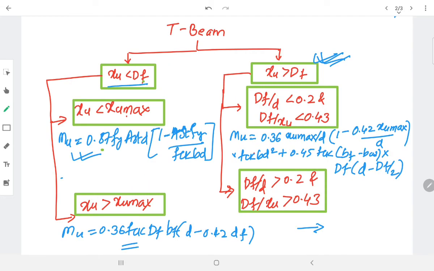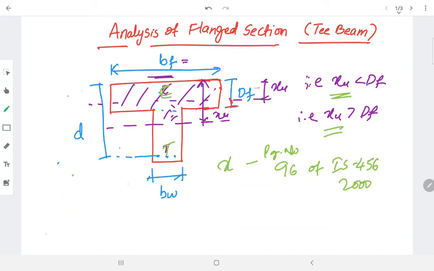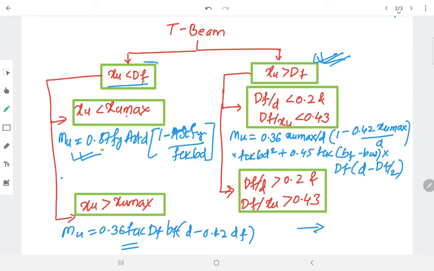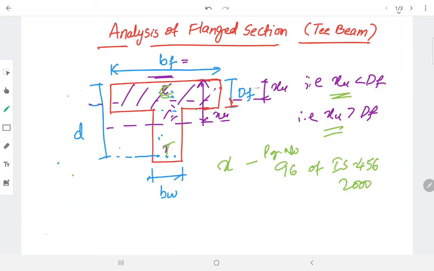Okay, so I think you understood the concept of what exactly the T beam is. It looks like a T, that is a combination of beam and slab. There may be different conditions, that is xu may be less than df or xu may be greater than df. That means the neutral axis may fall within the flange or it may be away from the flange, that means on the web.